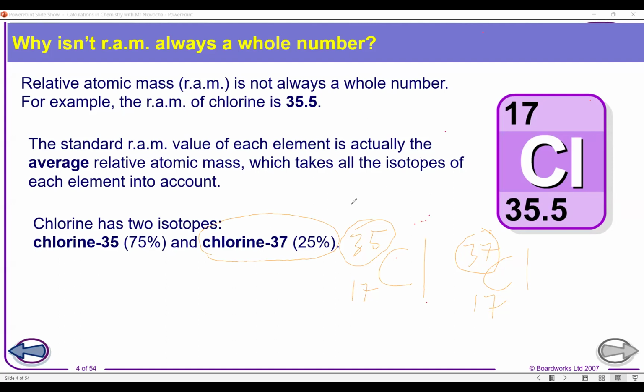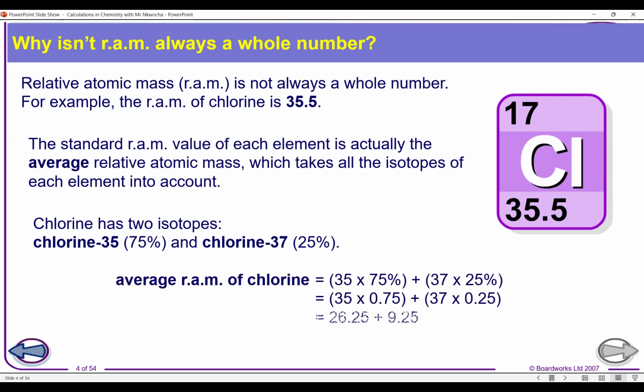If you want to calculate the relative atomic mass, all you need to do is multiply the abundance by the mass number and divide by the total abundance. The total abundance is usually 100 if we are looking at it in terms of percentage. Sometimes they give you the ratio.